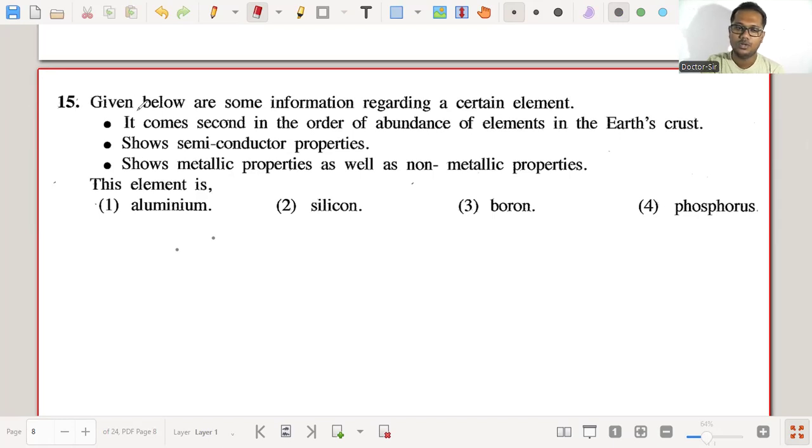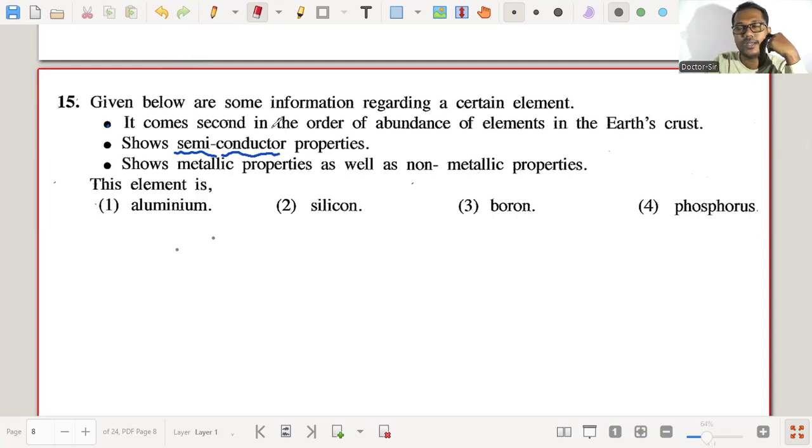Okay. So for this question, it is coming as the second in the order of abundance, the second abundant element in the earth. Okay, right. So show semiconductor property. This is a very important point to identify this element.